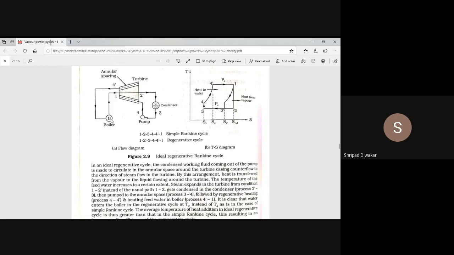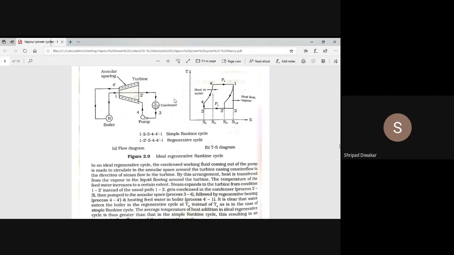So instead of supplying the cold water directly from the pump into the boiler, in the regenerative Rankine cycle, first it is made to pass through the annular spacing, thereby increasing the temperature, and then that state of the water is taken to the boiler, and then from the boiler it enters into the turbine. Hence the cycle repeats.